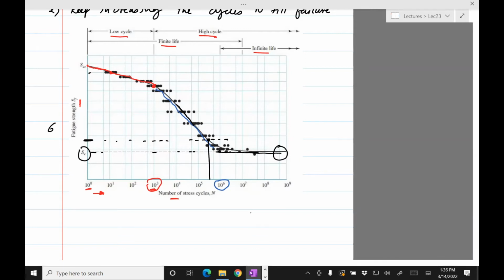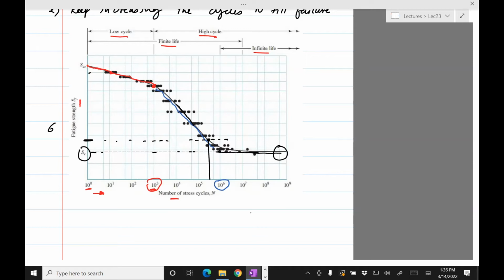So cycles is in units of hertz, or one over time. You just ask the question: what is the rate at which the load fluctuates? If you take, for example, the motor of a drone, it's going to be spinning, I don't know, 1,000 revolutions a second.